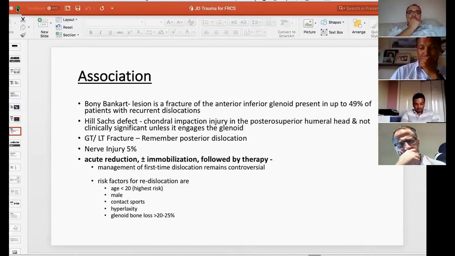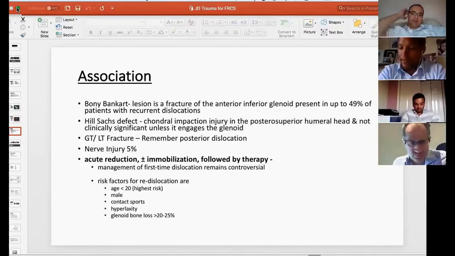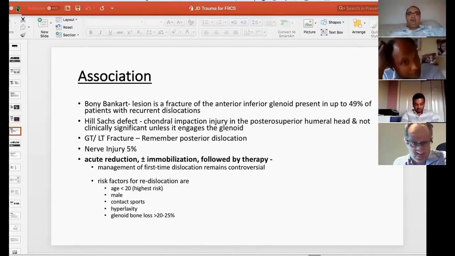And remember all the other associations with a dislocation: bony Bankart, a Hill-Sachs defect, a greater tuberosity fracture. Greater tuberosity fracture can occur in elderly people, and it signifies that the rotator cuff is gone. The lesser tuberosity fracture, remember posterior dislocation.